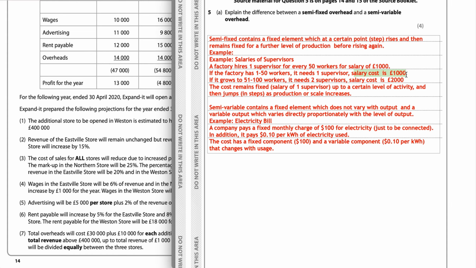But if production increases and they hire more workers, 51 to 100, then it will need two supervisors. So the salary cost is 2000. So the cost remains fixed up to a certain level of activity, and then it will jump in steps as the scale of production increases. So this is what a semi-fixed cost is.